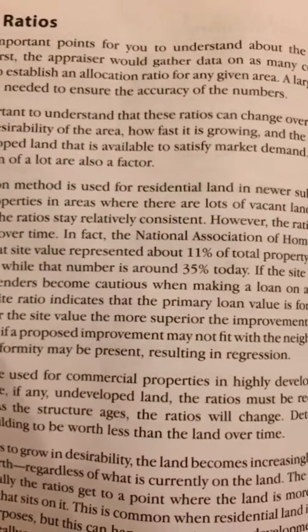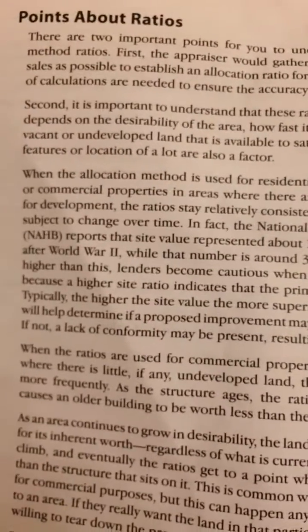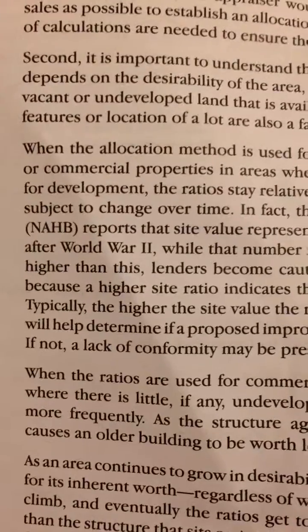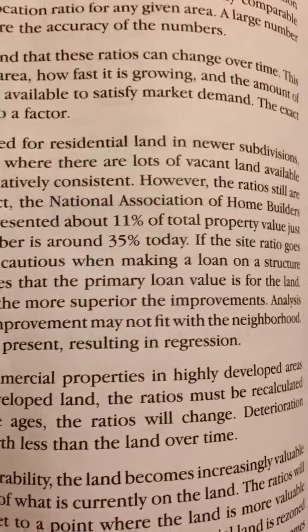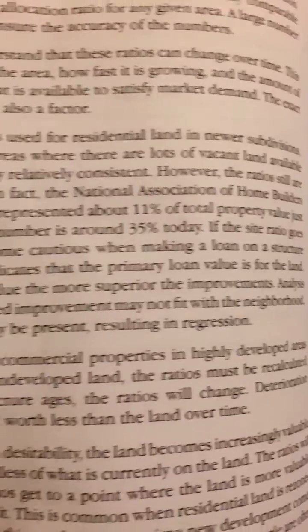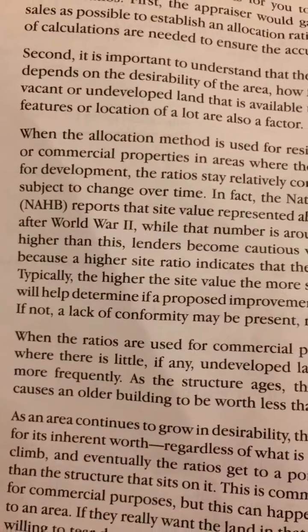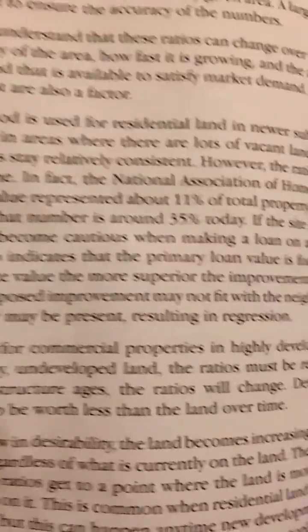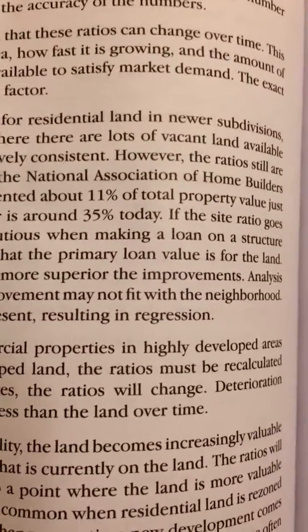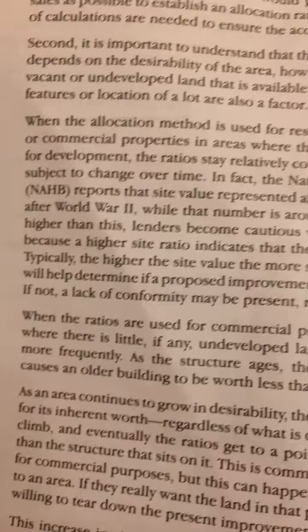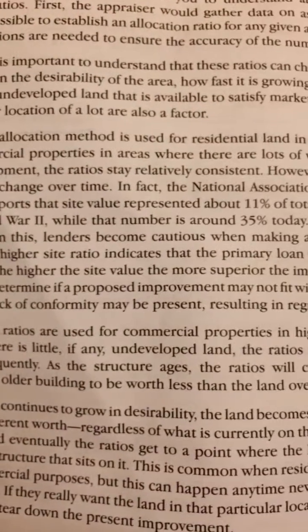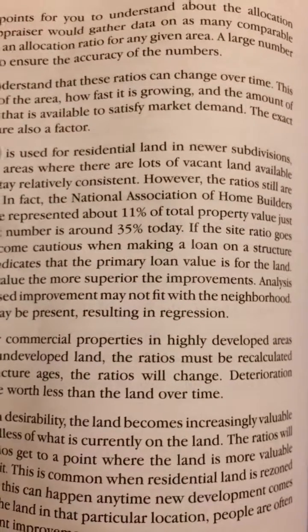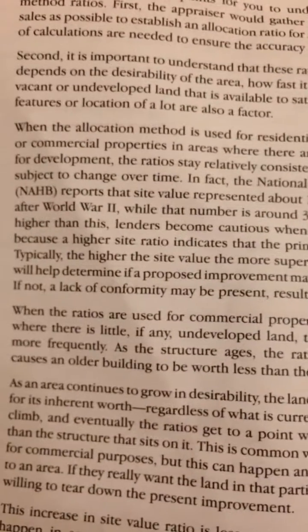In fact, the National Association of Home Builders, NAHB, reports that site value represented about 11% of total property value just after World War II, while the number is around 35% today. If the site ratio goes higher than this, lenders become cautious when making a loan on a structure because a higher site ratio indicates that the primary loan value is for the land.